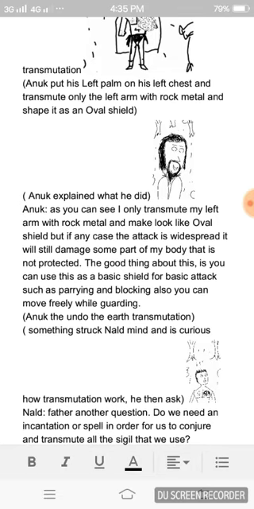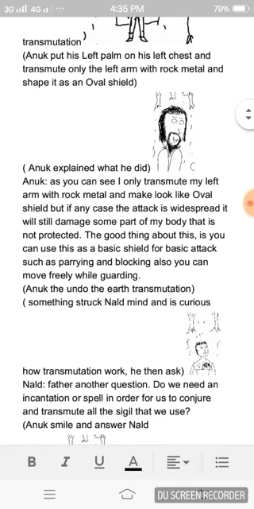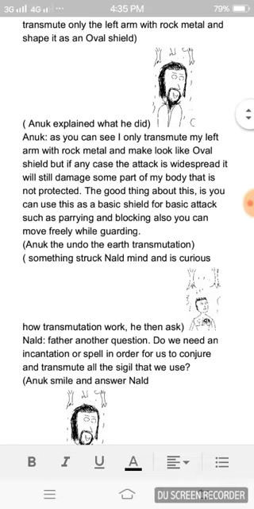But if in any case the attack is widespread, it will still damage some part of my body that is not protected. The good thing about this is you can use this as a basic shield for basic attacks such as parrying and blocking. Also, you can move freely without guarding." Anuc undid the earth transmutation.